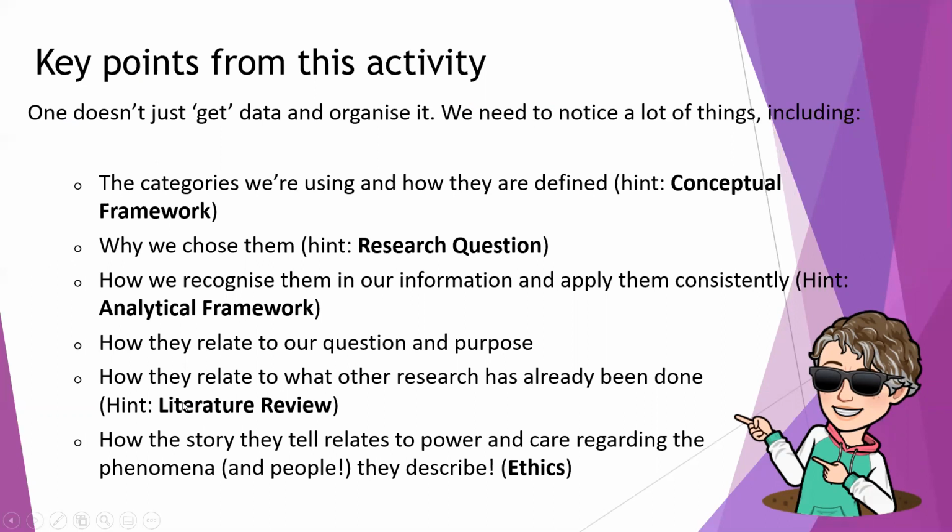We might also say, well, what am I doing when I categorize particular information in a particular way? I analyze and say there's a story to tell here, and I don't think about the effects of that story on the people or the phenomena that I'm studying.